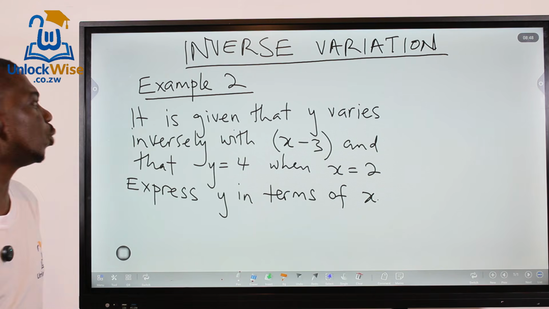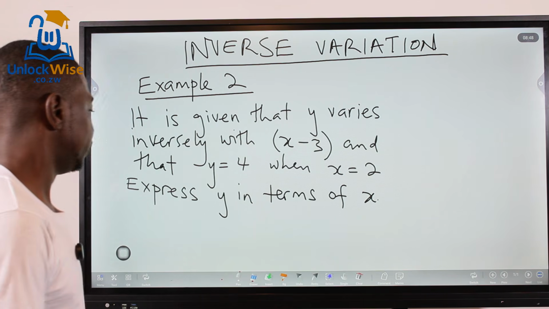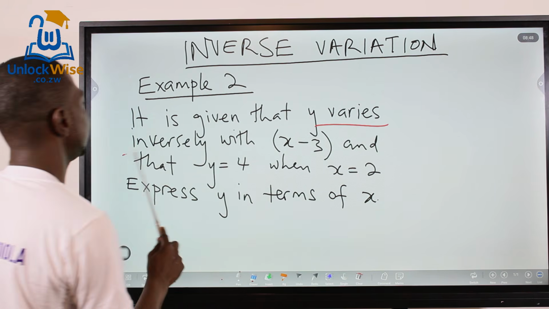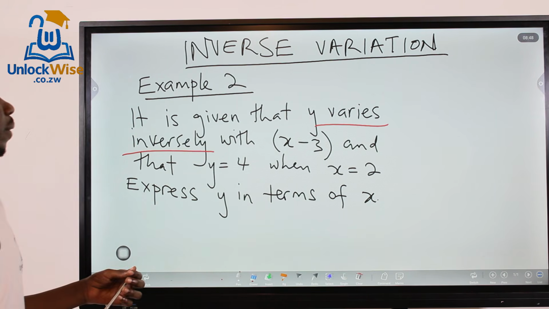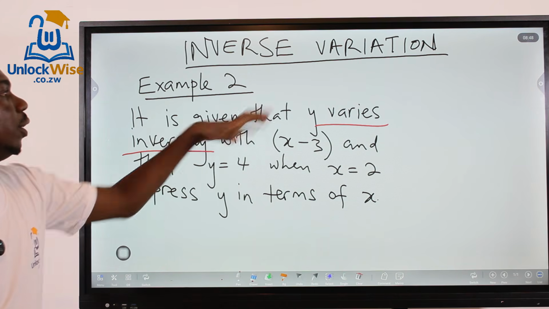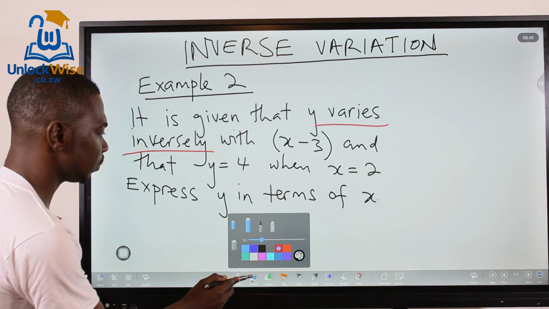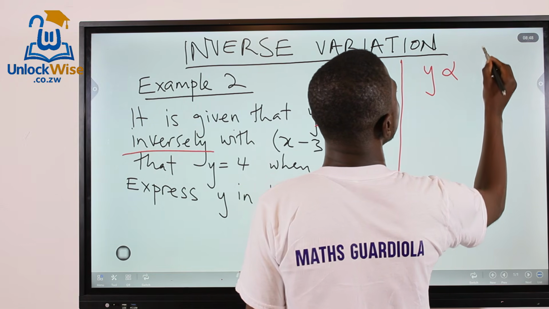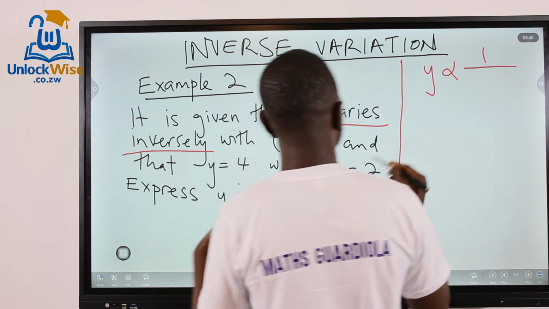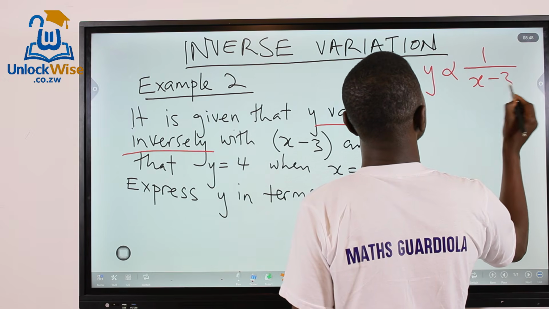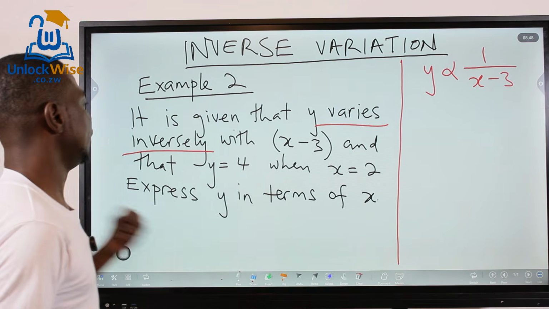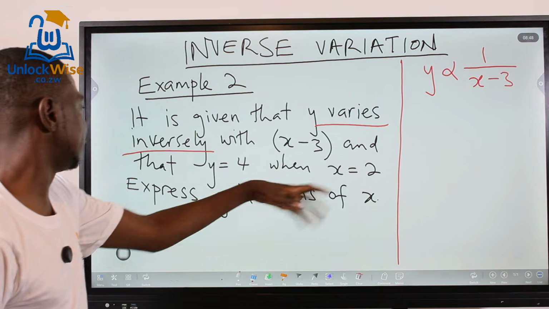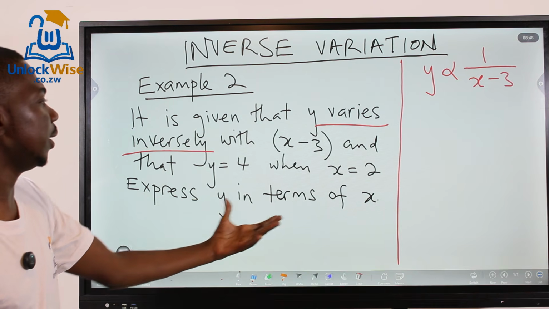So what I want you to notice here is already we have been told the type of variation, and we are supposed to write this in variation form: y varies inversely as 1 over x minus 3. Then, given that y is equal to 4 when x is equal to 2, express y in terms of x.